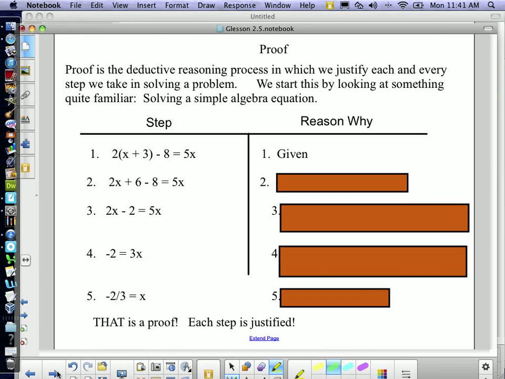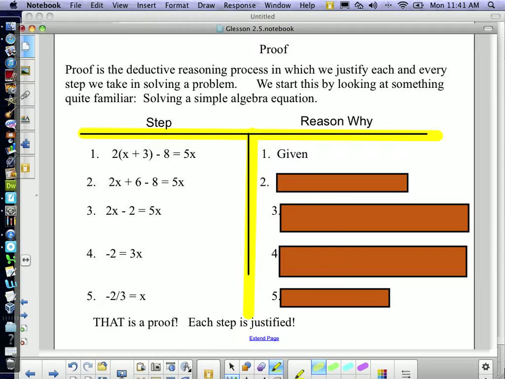All right, so how are we going to organize this? Because we don't want to just have to write paragraph after paragraph about this. We want to organize our information. And the way I expect you to be organizing it is using this 2-column proof format, where we draw the horizontal and the vertical line to create 2 columns.